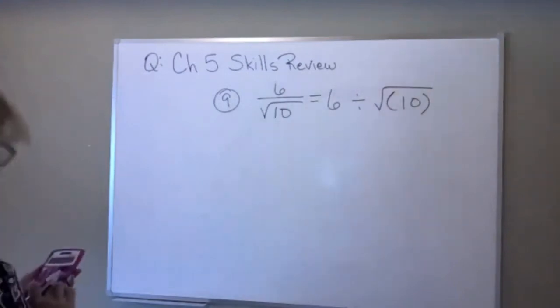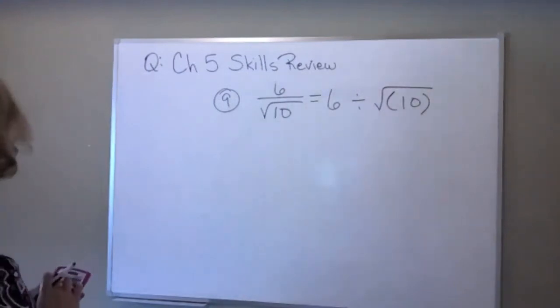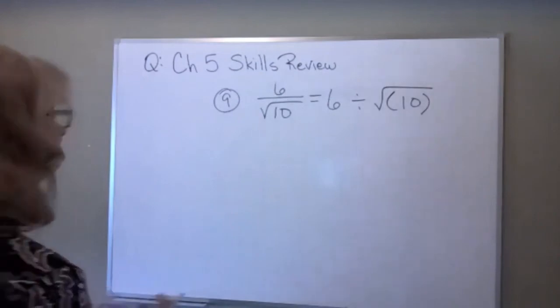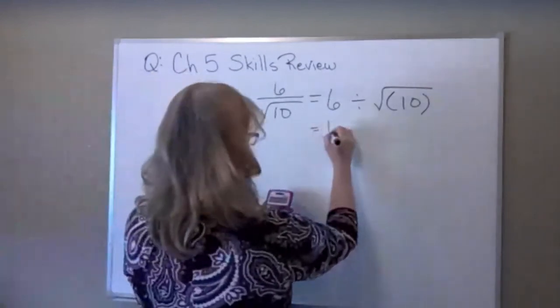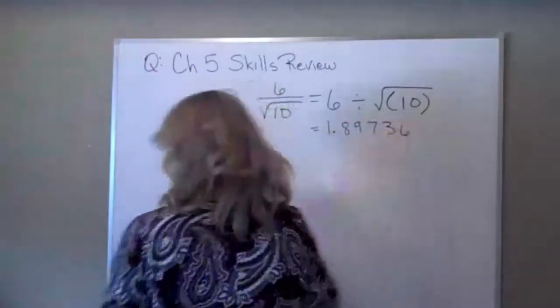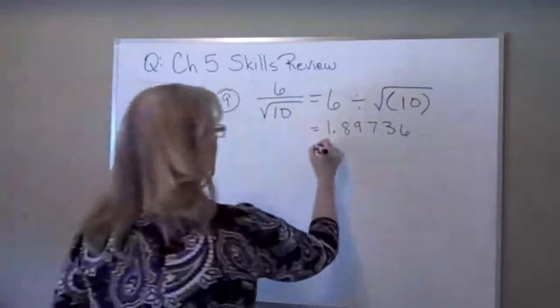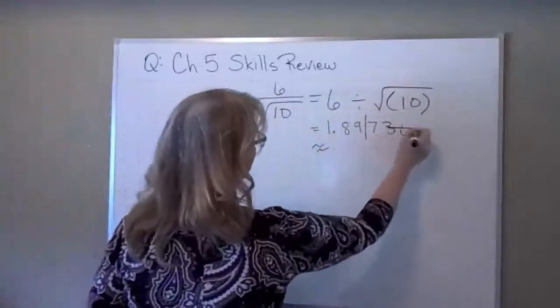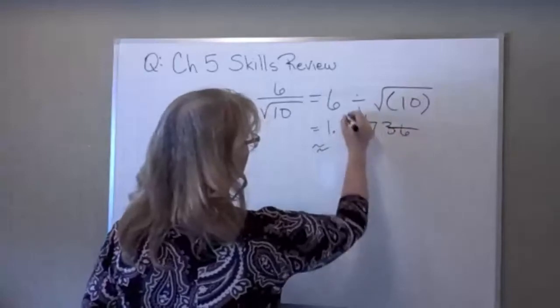When you do that, you should get 1.89736 and some stuff. We're going to round that to 2 places. Since that's a 7 this time, we're going to round that up to a 10.